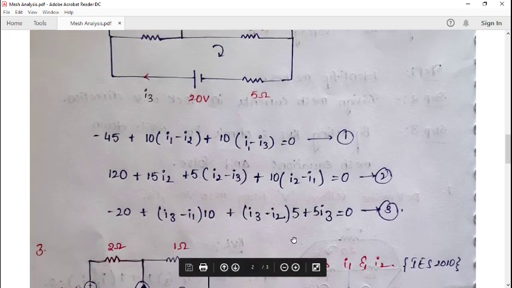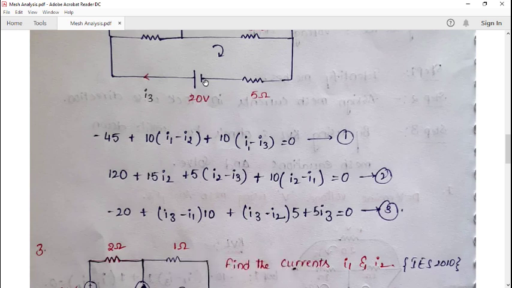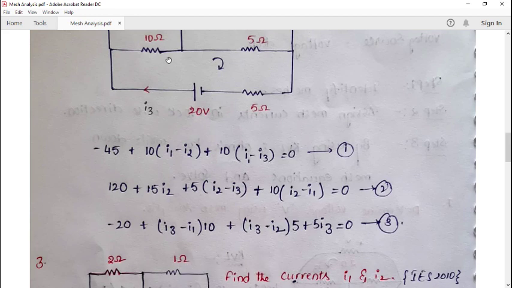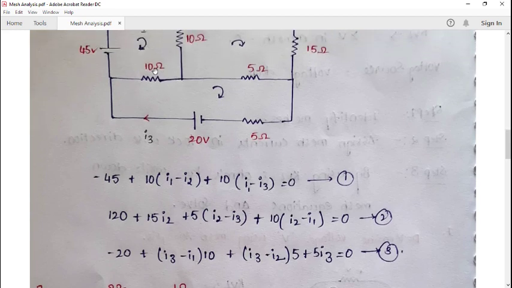Let us write KVL equation for the third one. So we are moving in clockwise direction. I3 is this one. We started from negative terminal of battery. So minus 20 volt plus this resultant current in this branch, that is I3 is flowing like this and I1 is flowing like this.